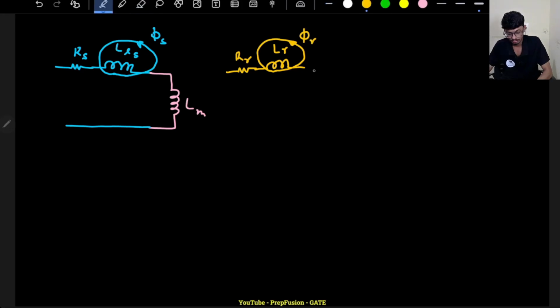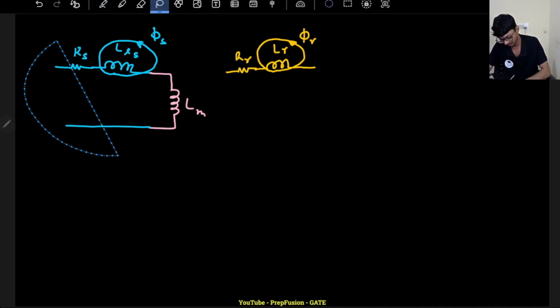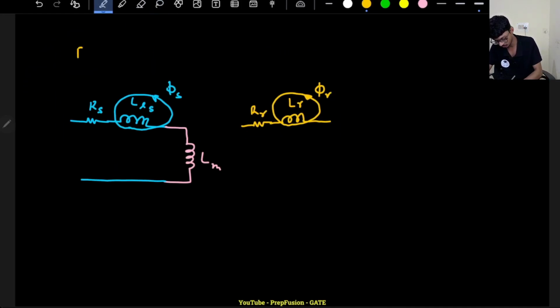Of course, if it is in running condition, I'm drawing the single phase, the per phase equivalent. Of course for three phase, three other phases will be there. I'm just drawing the per phase equivalent.